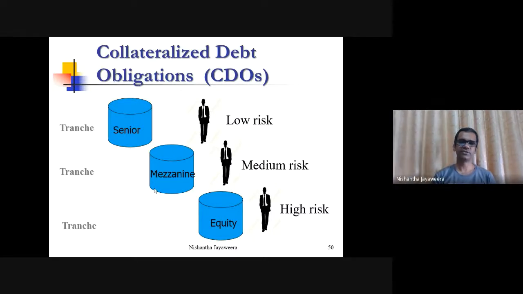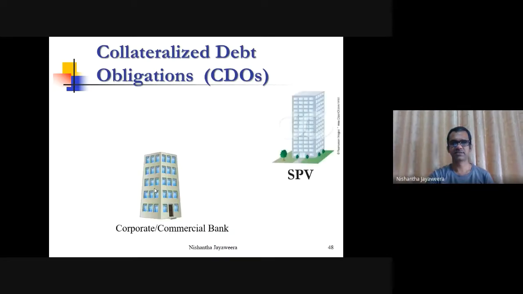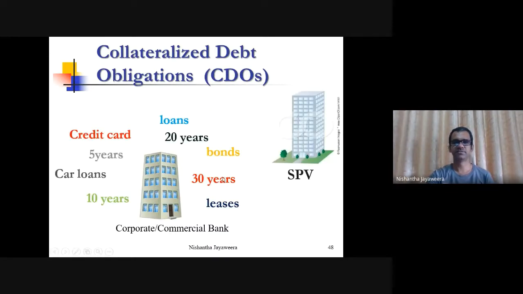However, they should be able to serve the longest maturity as well. In some instances, say in this example, there are 30-year leases, 20-year loans or bonds, different maturities.